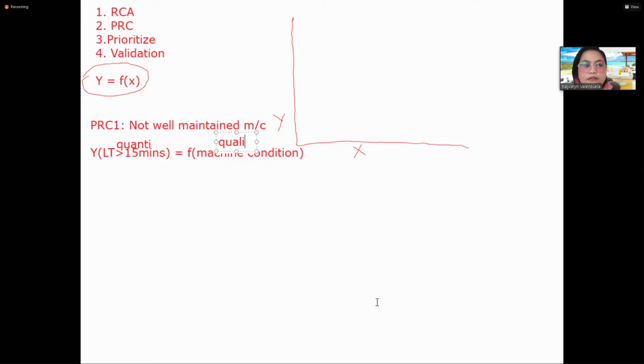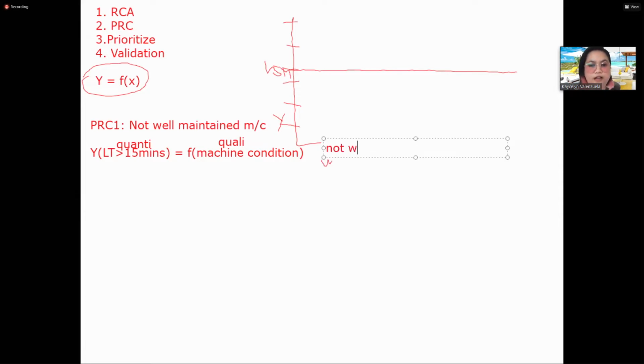15 minutes, tama ba? 15 minutes. So, yun yung Y ko. Yung X ko can be well-maintained, di ba? Type ko lang para mas madali. Well-maintained.